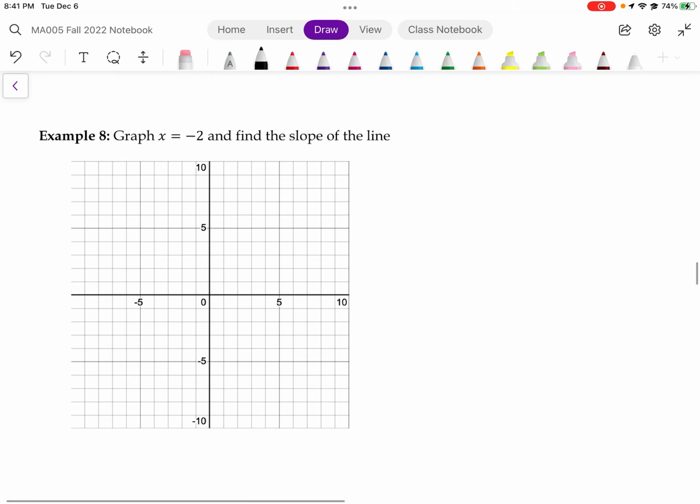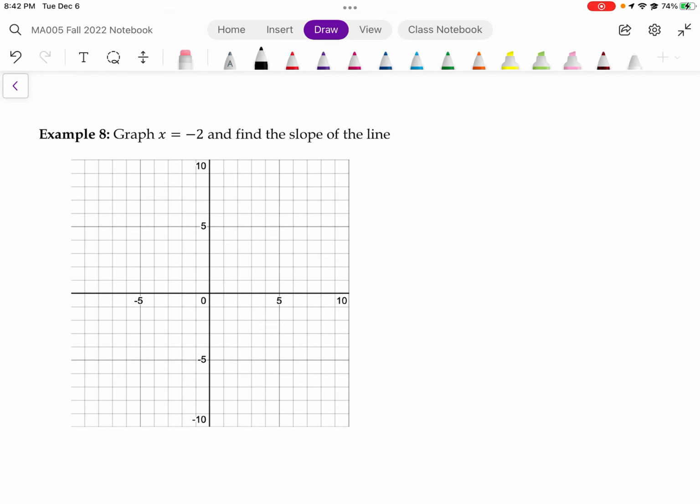All right, let's do the same thing for x equals negative 2. All right, so x equals negative 2 is right here. X equals negative 2 looks like that. So let's pick a couple points. So we've got negative 2, 0. And then I'll do, I don't know, negative 2, 4.